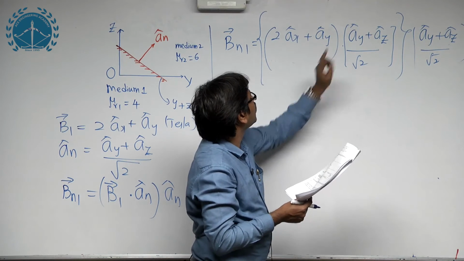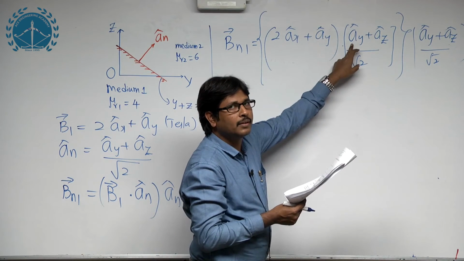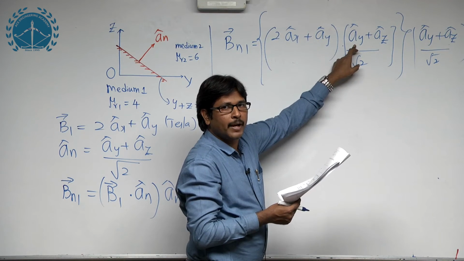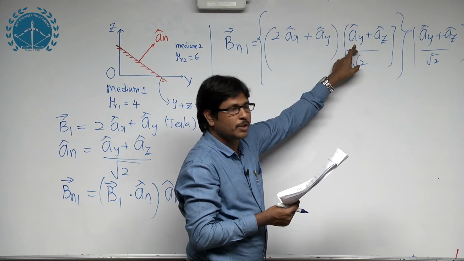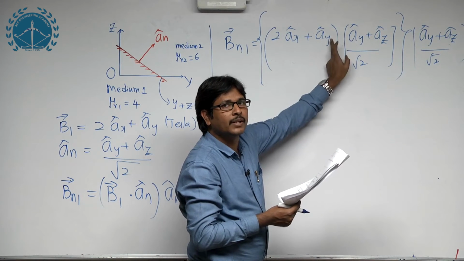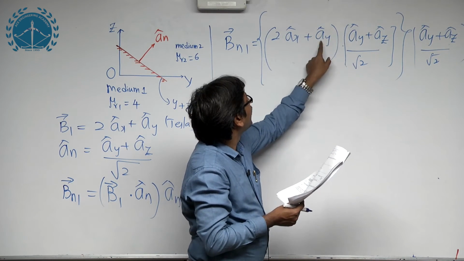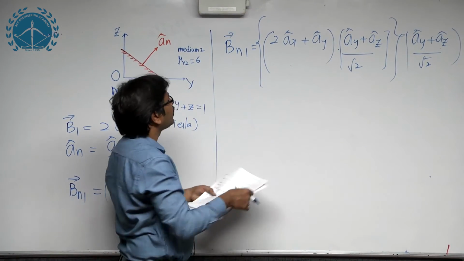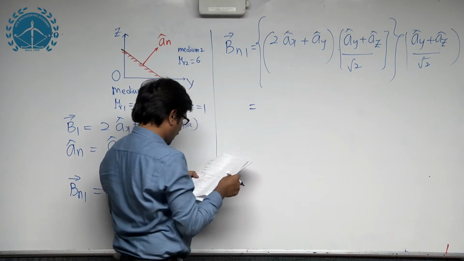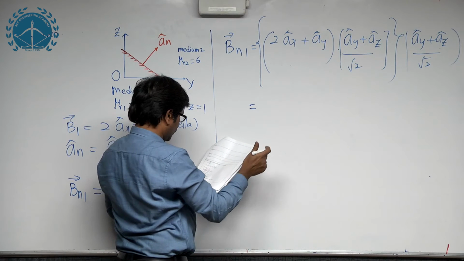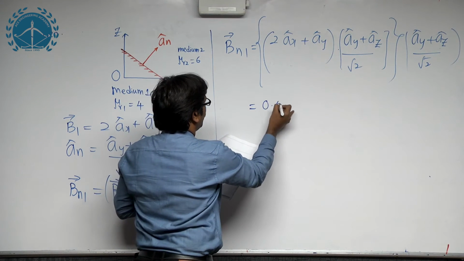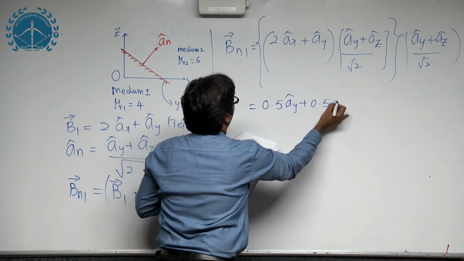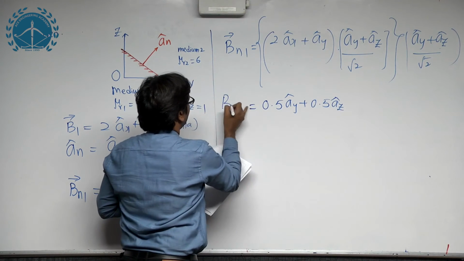When you are taking the dot product, Ax dot Ay, we know that because they are orthogonal, its dot product is 0. The dot product between two different unit vectors will be 0. The dot product of a unit vector with itself is 1. So, we will be having Ay dot Ay 1, Ay dot Az is 0. From that, upon simplification, we will be getting Bn1 bar as 0.5 Ay cap plus 0.5 Az cap. So, this is our Bn1 bar.